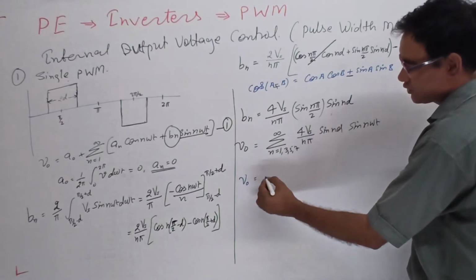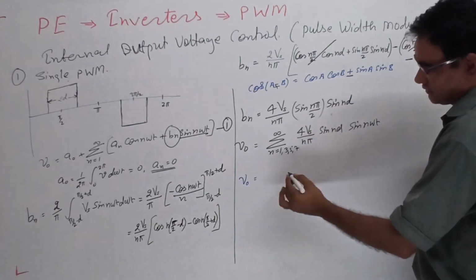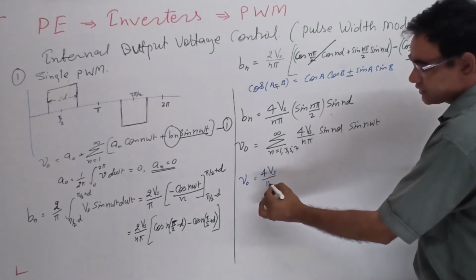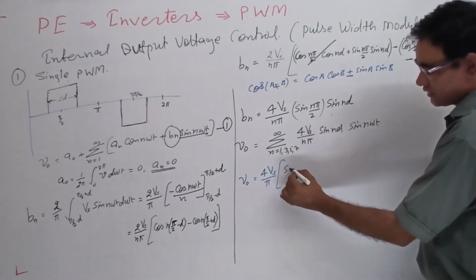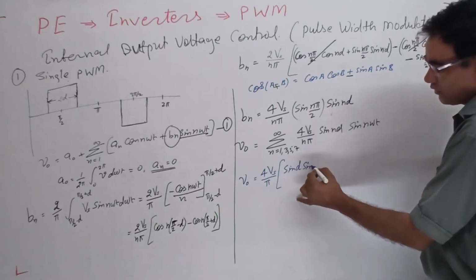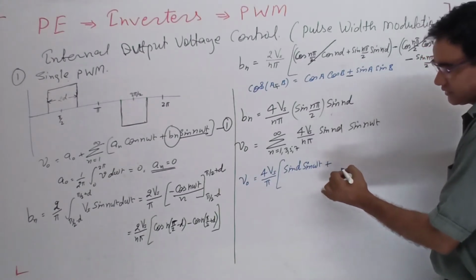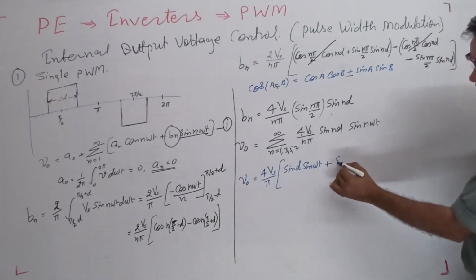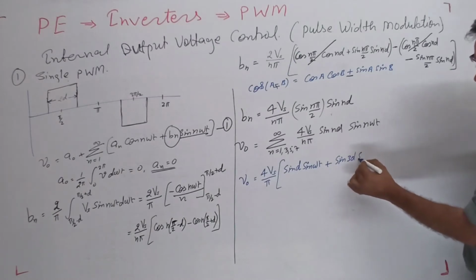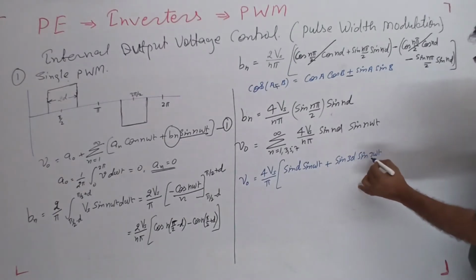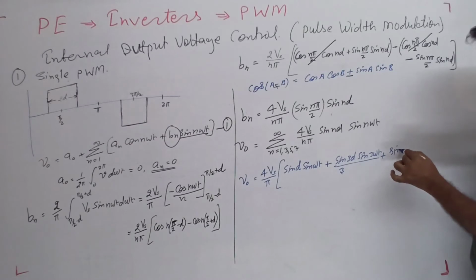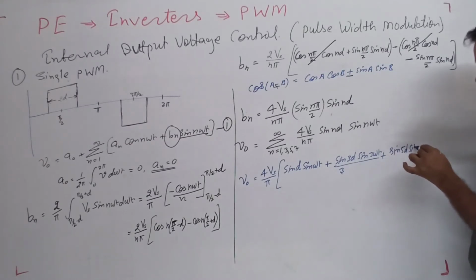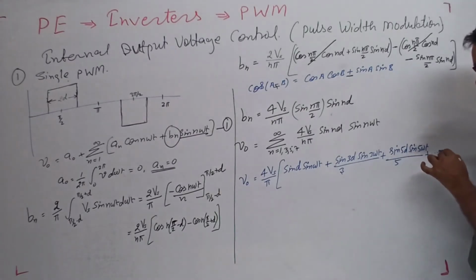The output voltage is equal to 4Vs upon pi, which is constant and common, times sin of d sin of omega t, plus sin of 3d sin of 3 omega t by 3, plus sin of 5d sin of 5 omega t upon 5, plus and so on.